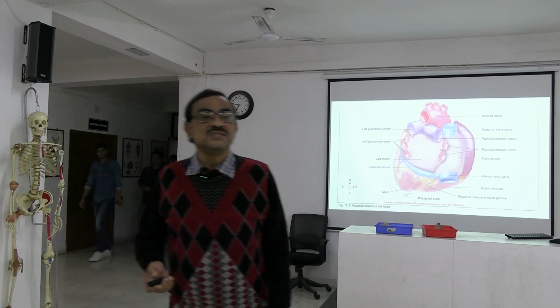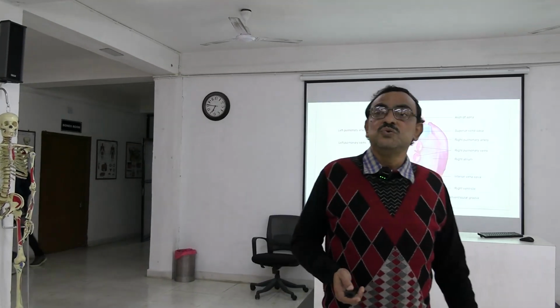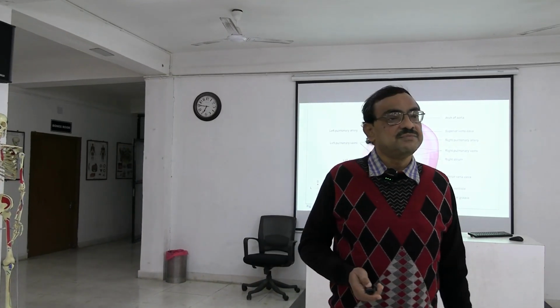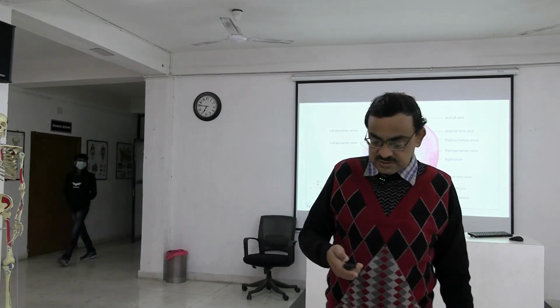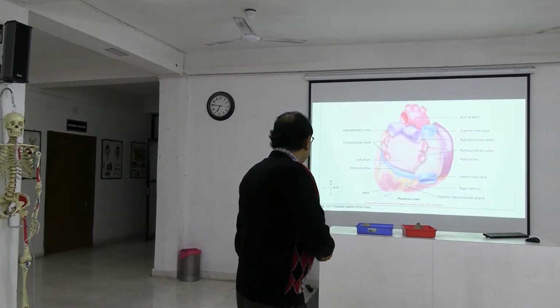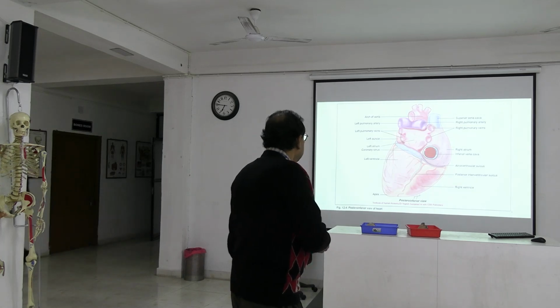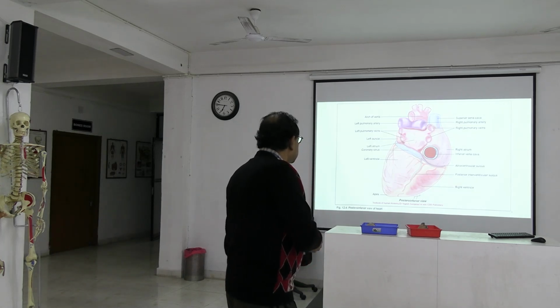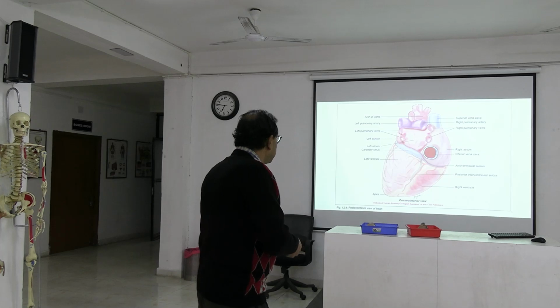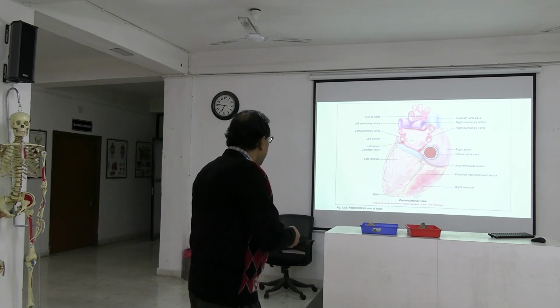The heart is supplied by 2 arteries, the right and left coronary arteries, and this anastomosis takes place within this coronary sulcus. And we also know what is the crux of the heart. This is the junction between the coronary sulcus and the interatrial and interventricular sulcus.